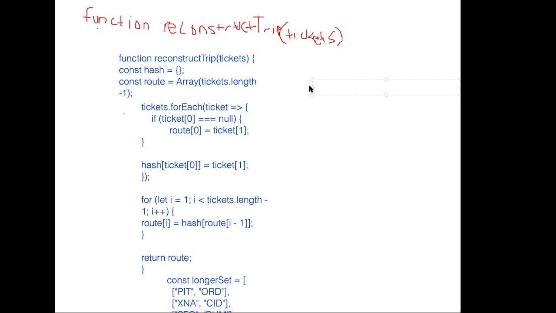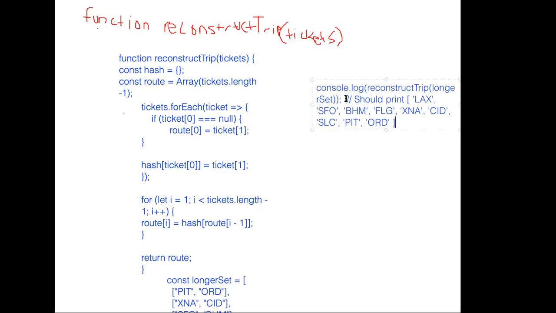So we'll do the console.log of reconstructTrip, and we'll do a longer set, and this should print all of this once it finishes looping through everything. Right. That should be the full trip. Yep.